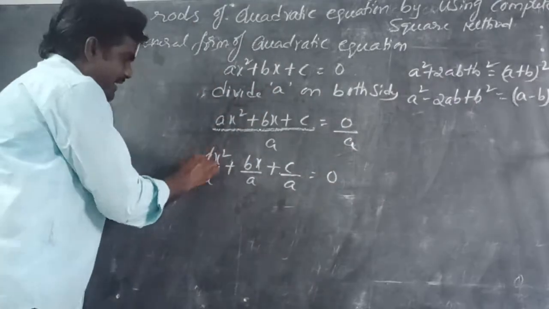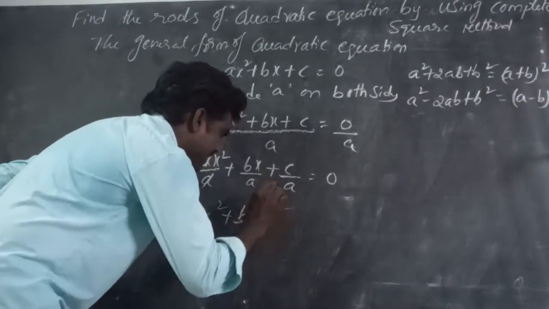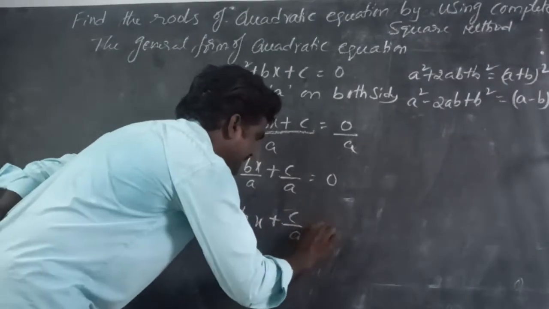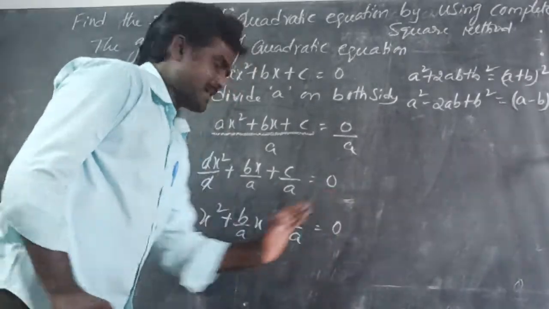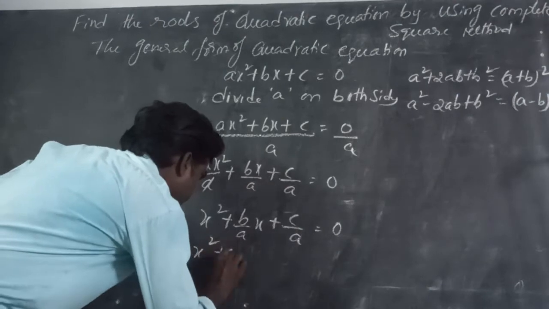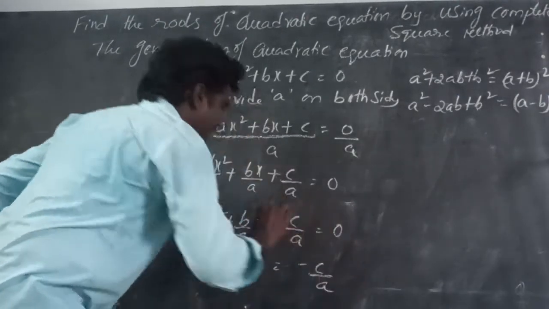Okay, so here a cancels. That is x square plus b by a into x plus c by a is equal to 0. If plus c by a goes to the right side, it becomes minus. So that is x square plus b by a x is equal to minus c by a.